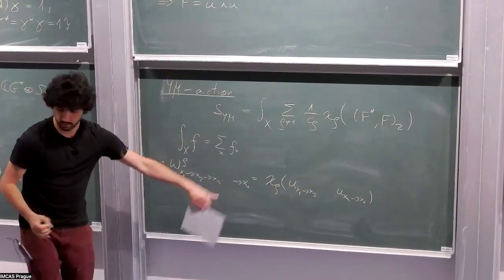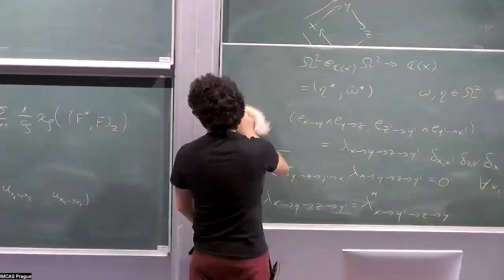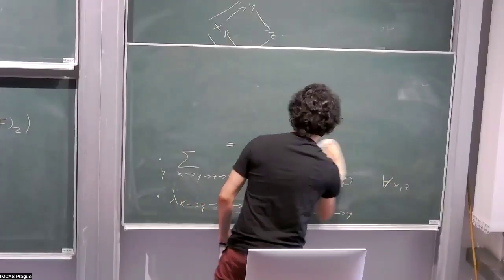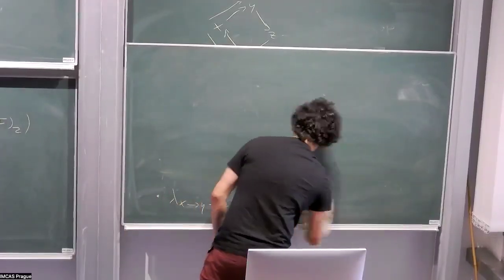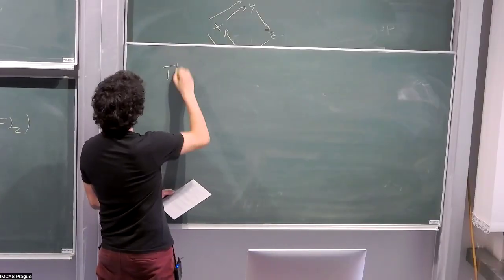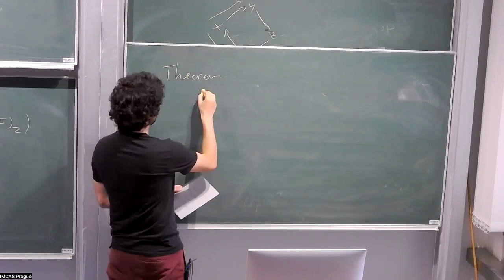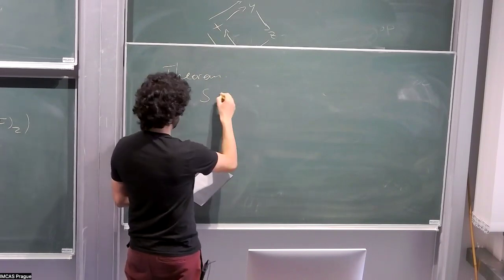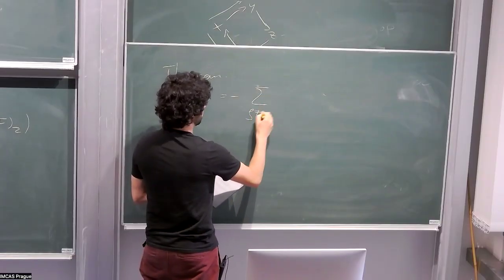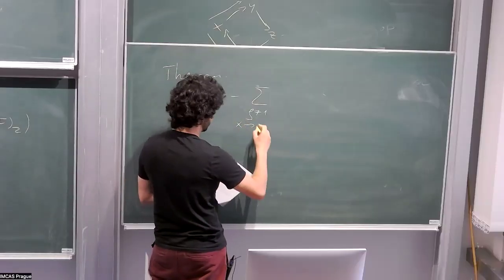If we define this as such, then the form that we get for the action functional is the following. It is essentially what we get from the Wilson action. So the theorem is then that S for the minimal calculus is equal to minus the sum over rho not equal to 1, and then we sum over 4-step loops.